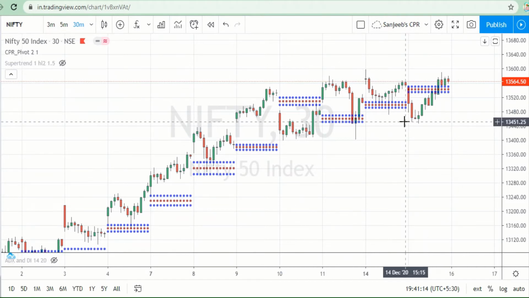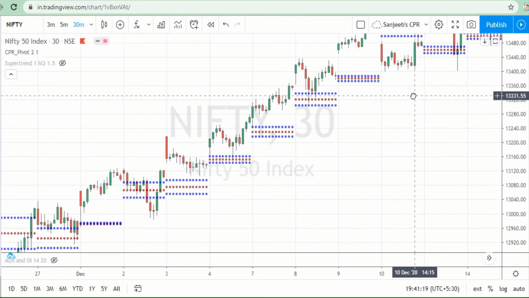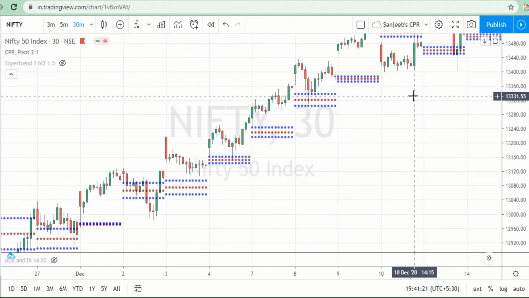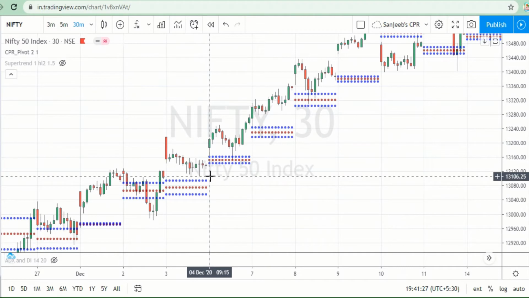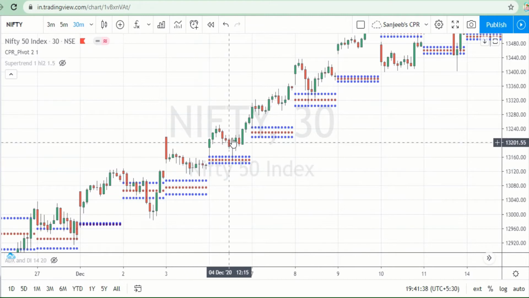When continuously 2 days are closing above the CPR, then it is confirmed that it is a trend, meaning it is closing above the CPR, it is an uptrend, okay. If the prior day's close was above the pivot range, the market will likely carry a bullish bias.